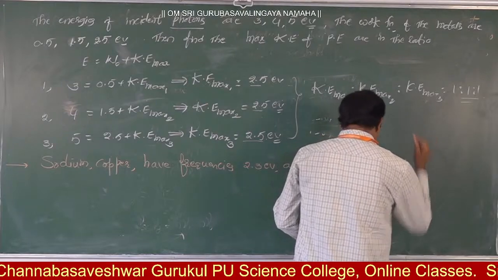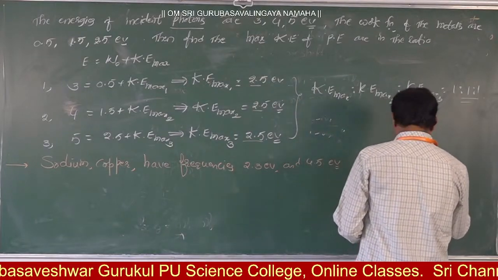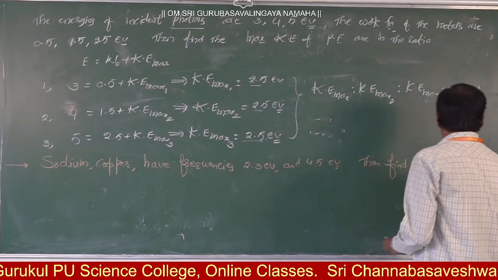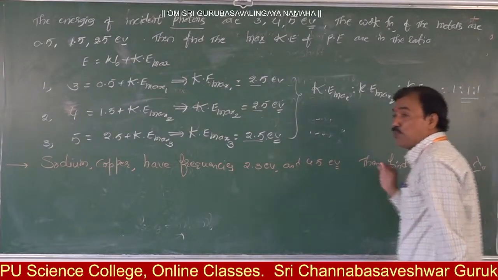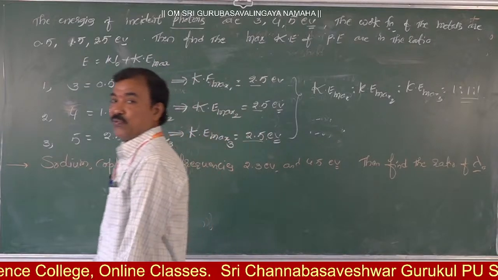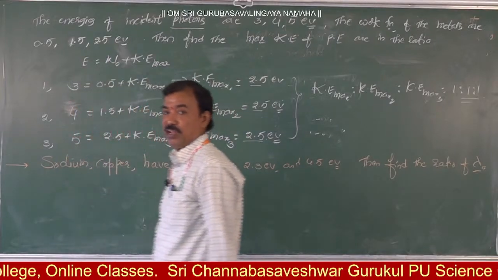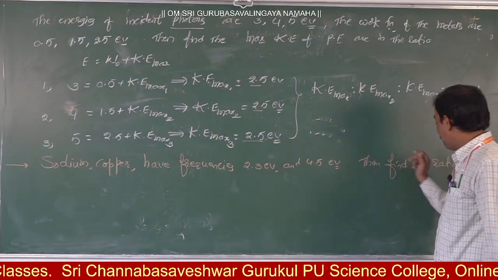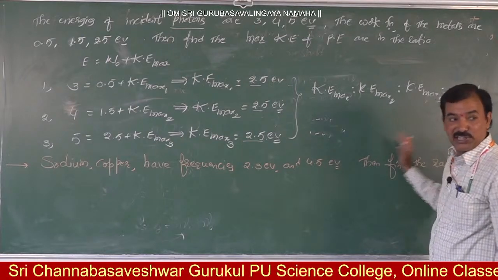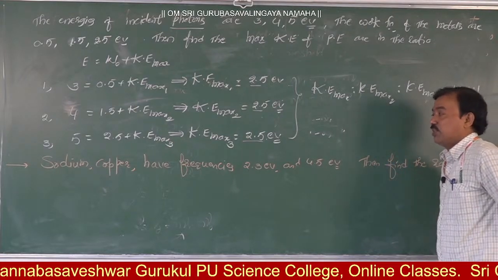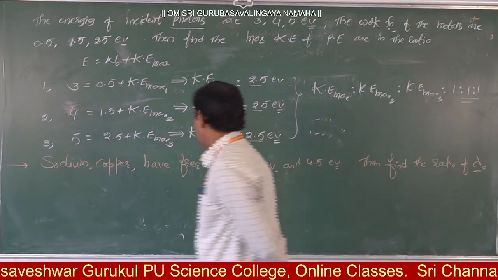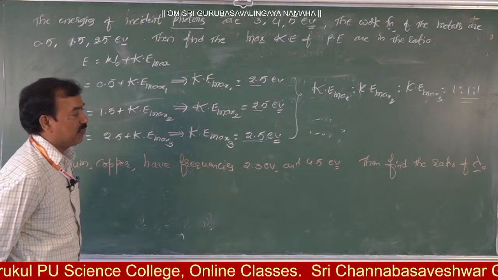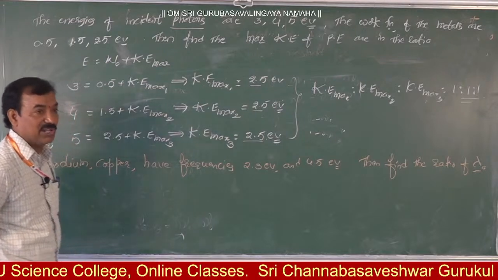Then find the ratio of threshold wavelength, where W naught means threshold wavelength. We have to find the nearly value, not exact. Here two metals are given with 2.3 electron volt and 4.5 electron volt. So what is the ratio of the threshold wavelength?